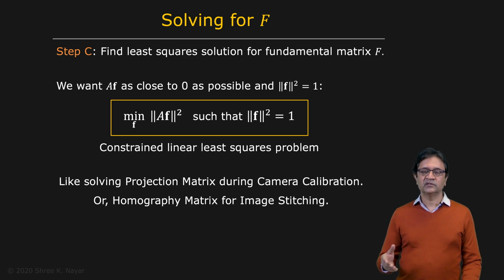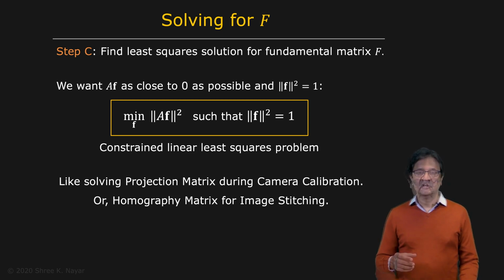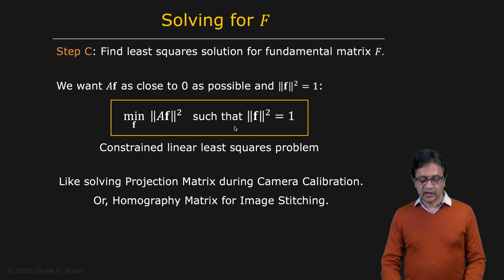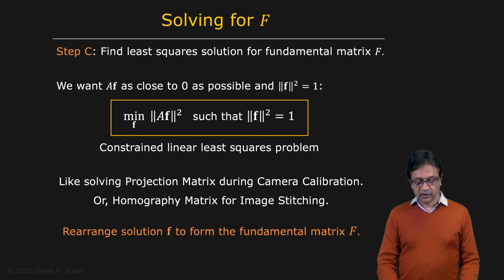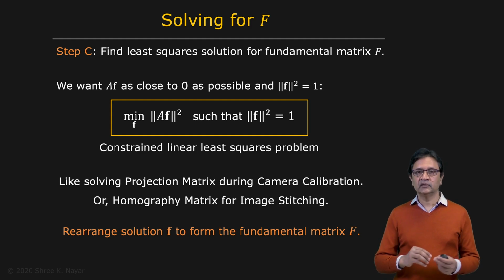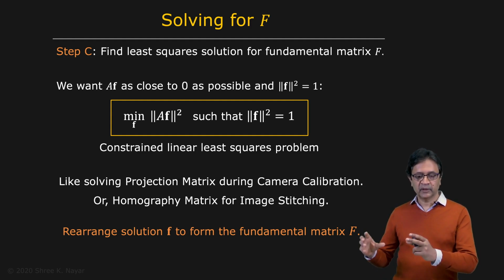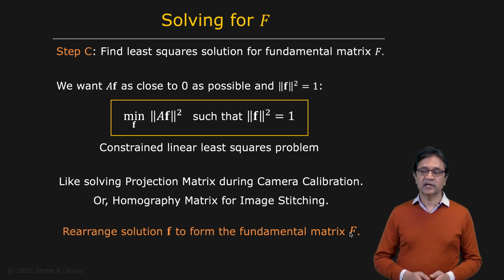We saw this in the case of estimating the projection matrix during camera calibration. So we know how to solve this. It is the constrained linear least squares problem, and it ends up being equivalent to solving an eigenvalue problem. And at the end of it, you get a solution for F. And then we rearrange the elements of the vector F to get the fundamental matrix F.